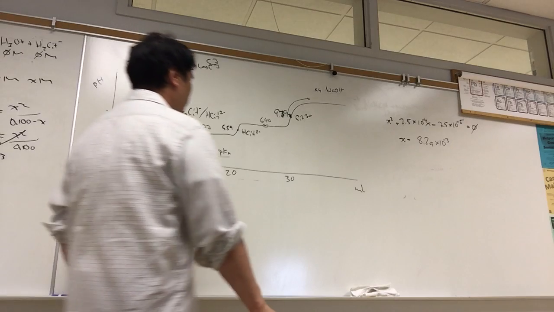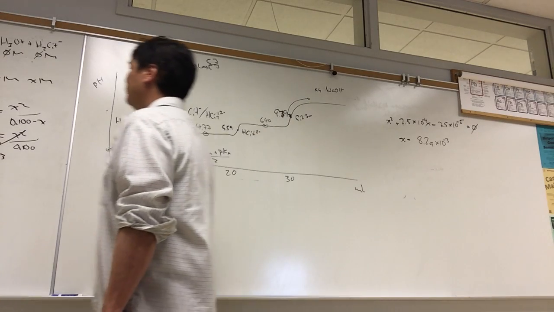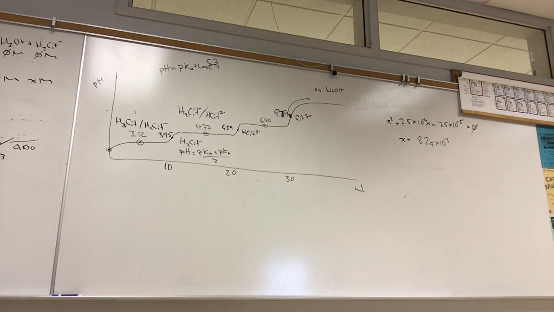All right, let's plug those in to get the concentrations back here. And so the hydronium is, I'm just going to write this in decimal form, 0.00829 molar.